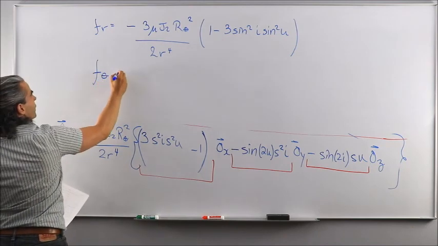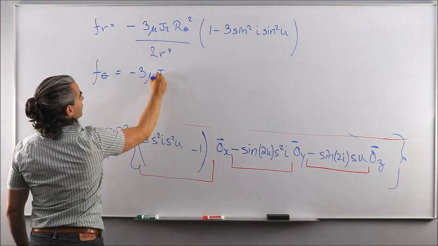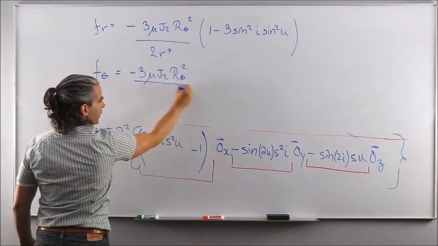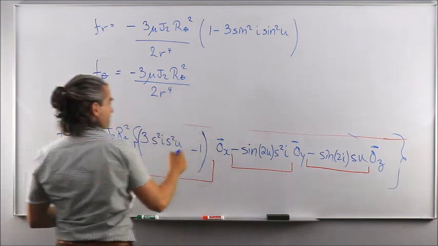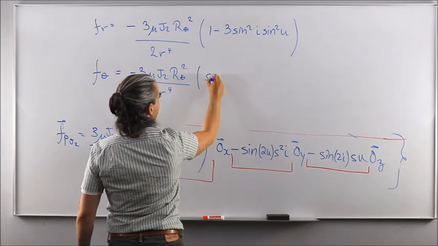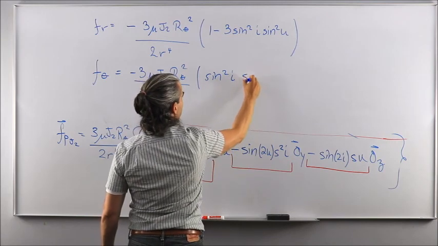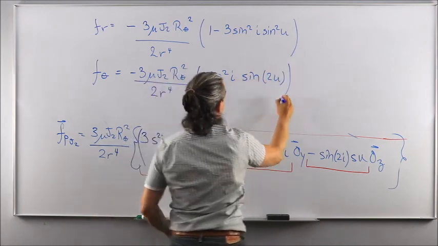For F theta, I'm going to write minus 3 mu J2 mean equatorial radius of the Earth square over 2 R4, this time times sine square inclination and sine of 2 argument of latitude, like that.